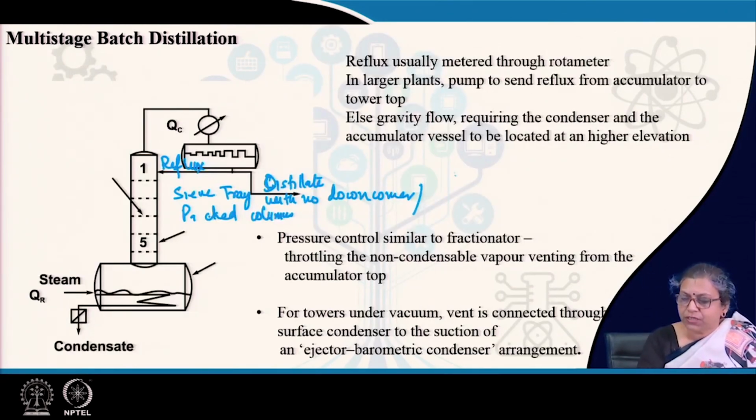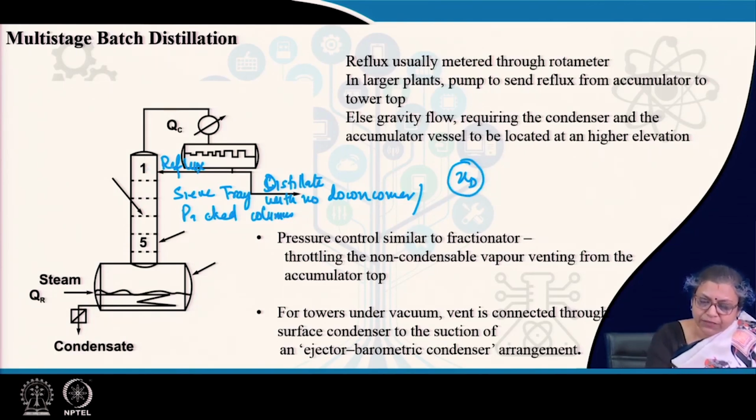For that case, we keep the distillate composition the same and vary the reflux ratio, and we control it by controlling the top temperature, because if the top temperature is kept constant, then Xt is kept constant.